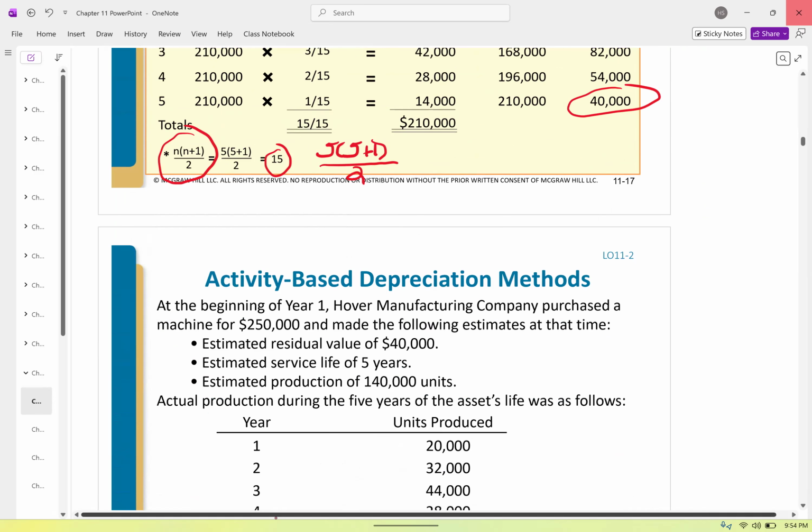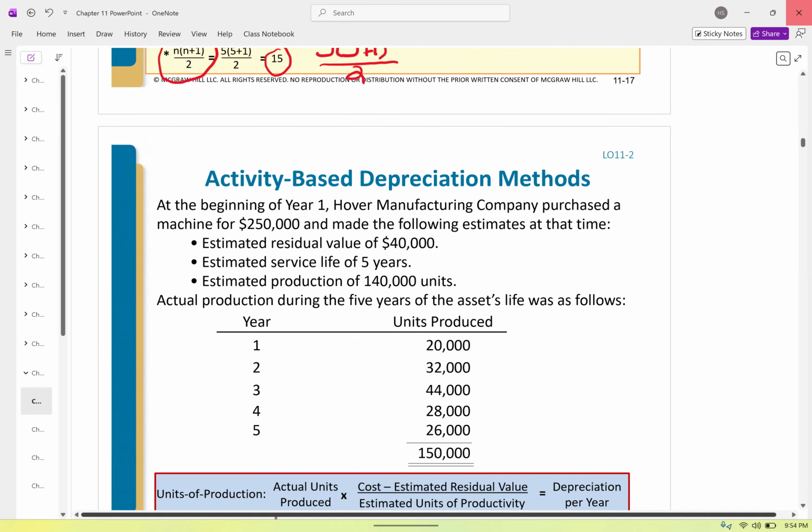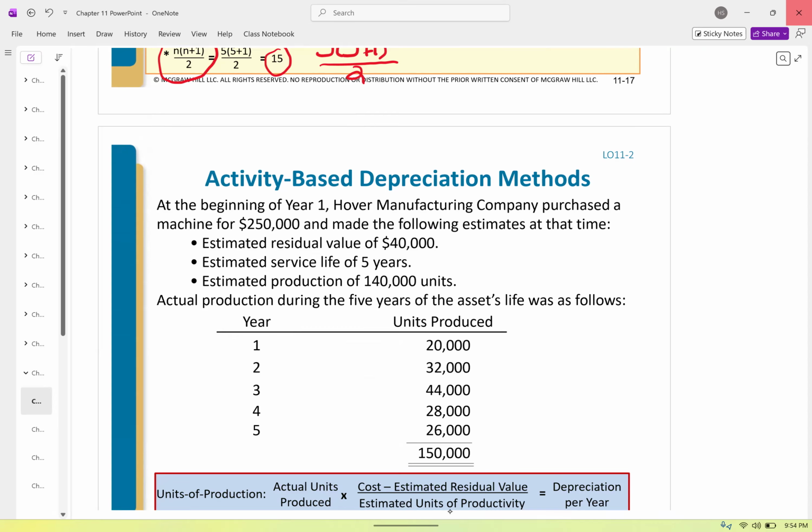Okay, so now we have the activity-based method. Here they tell us how many units were produced. The first thing we have to do, I didn't write my information over here.